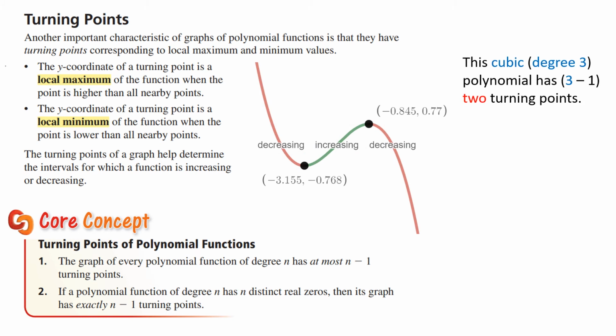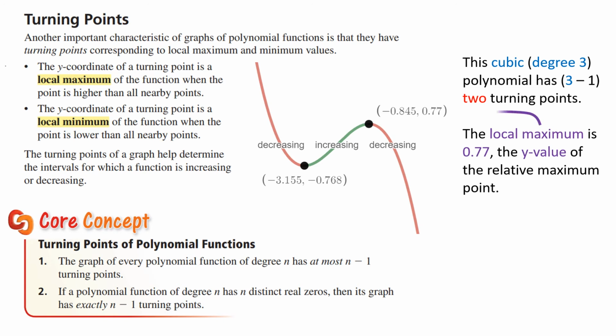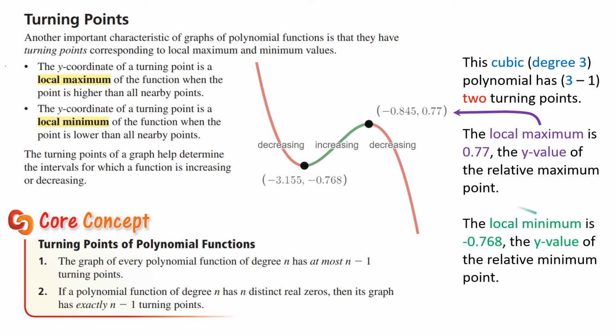We have something that is a degree 3, and so there are at most 2, which is 3 minus 1, 1 less than 3 turning points. So we see there's a local minimum and there's a local maximum point. We talk about the local maximum being that y value at that turning point, which is 0.77. The local minimum is going to have a value of negative 0.768. That's the y value of that turning point.